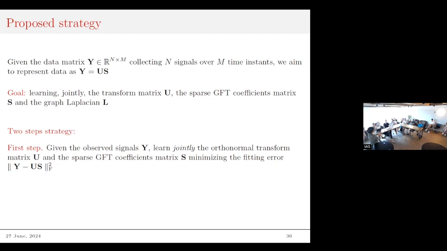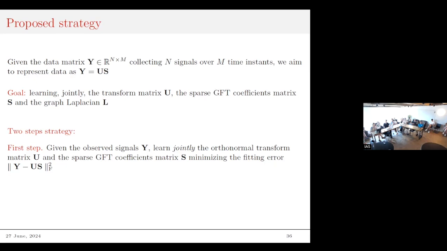I know that the learned graph provides me a sparse representation of the signal. In this algorithm, we have to learn the transform matrix U, the sparse graph Fourier transform coefficients S, and the graph Laplacian.